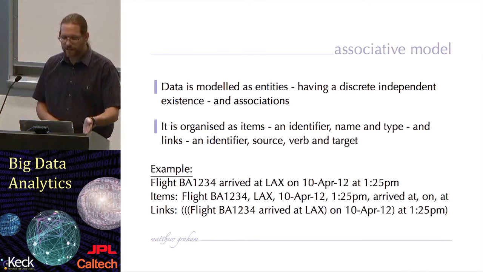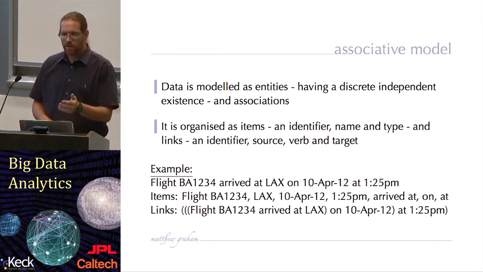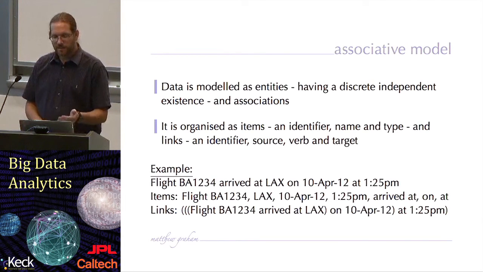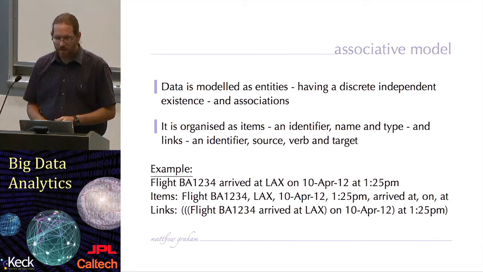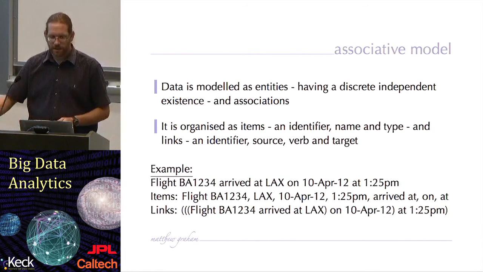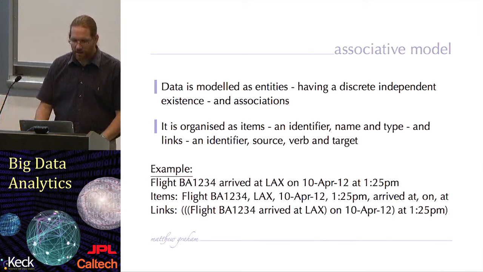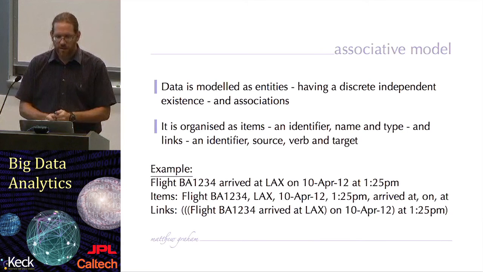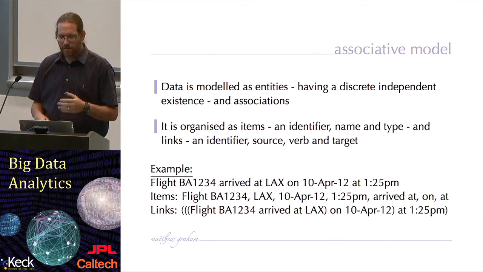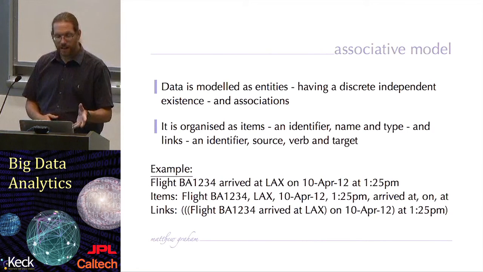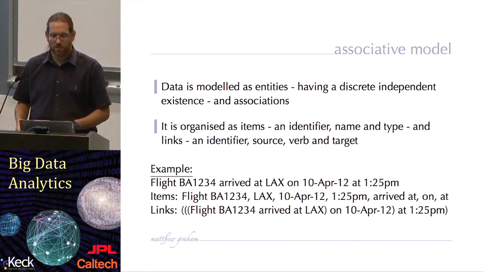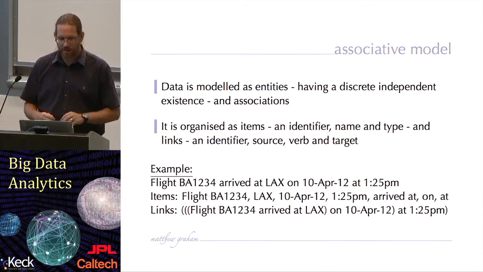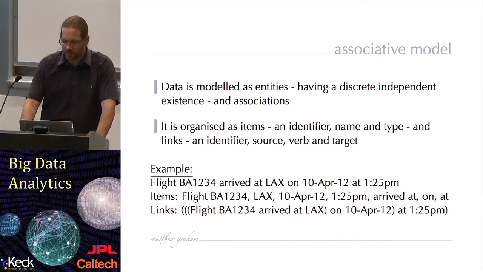They would be the flight, BA1234, the location, LAX, the date, the arrival time, and then the verbs: arrived at, on, and at. And then I would have links putting those together. So I'd have flight BA1234 arrived at LAX, and then there would be on 10th of April 2012 and at 1:25 p.m. So I'd put that together in that way, and I could store that in an associative way.